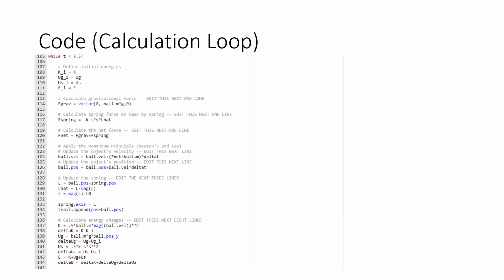Then we update the spring, where L is the position of the ball minus the spring's position. It's a lot of repeat from earlier. We have L hat, which is L over the magnitude of L, and S, which is the magnitude of L minus L naught. Then below we calculate the energy changes, which is just updating the energy with the newest positions to find the energy at that period of time.